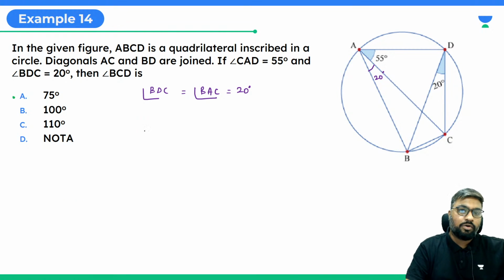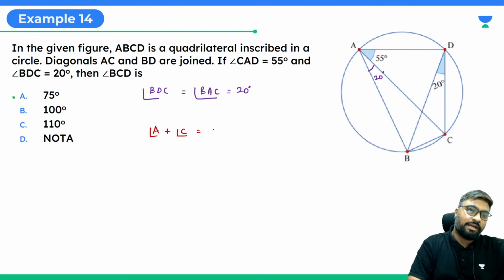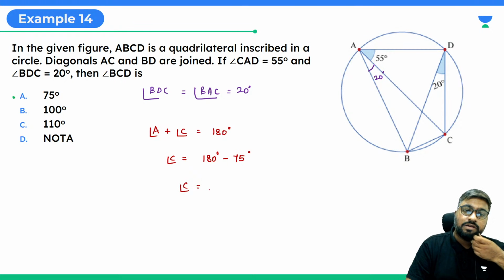And we get what? Angle A plus angle C. Opposite angles in a cyclic quadrilateral are supplementary. So angle C is going to be 75. No, 180 minus 75. Angle C is how much? 105.